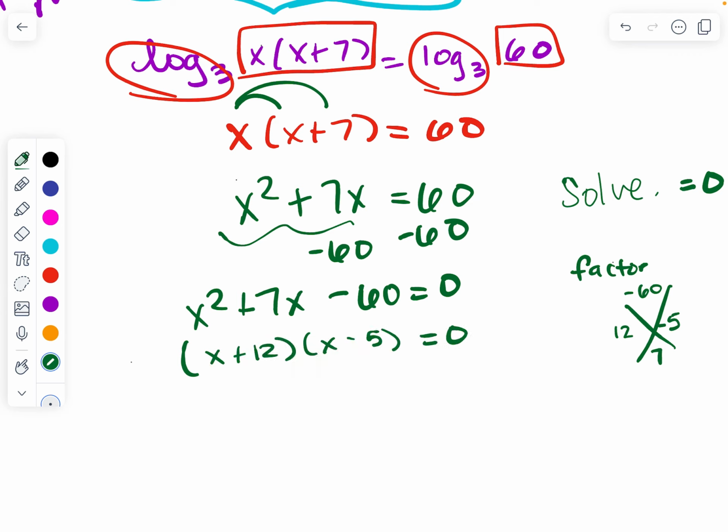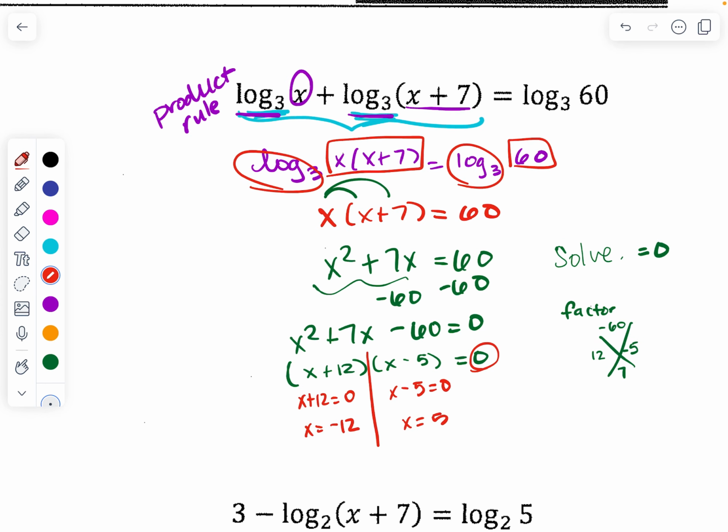If you didn't remember how to factor, you can always use the quadratic formula. Once we do this, we can use the zero product property, where we can split these up. x plus 12 equals 0 and x minus 5 equals 0. Therefore, x equals negative 12 and x equals positive 5.